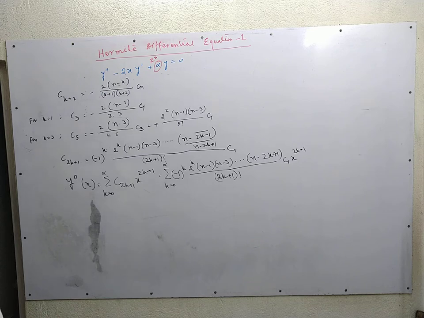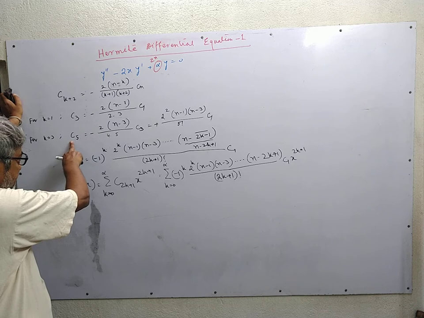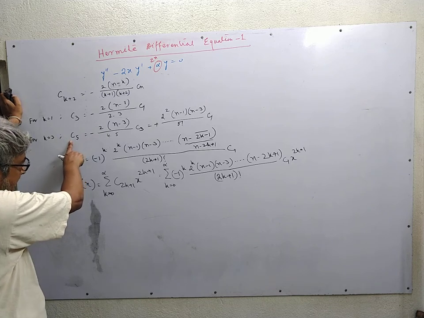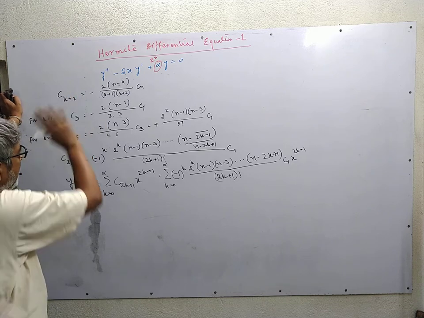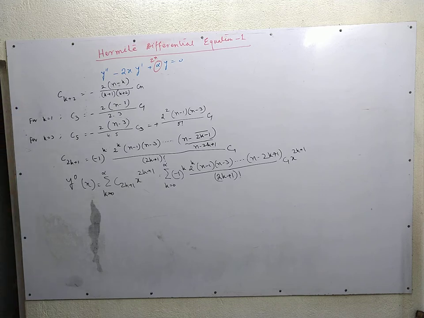If we put n is equal to 1, then C3 onwards are 0. There is only one term, C1 x. If n is equal to 3, all the odd coefficients including C5 and higher are 0, so it will have only two terms. One is C1 x, the other one is C3 x cube. So for odd values of n, the odd solution is a polynomial, while the even solution is an infinite series.